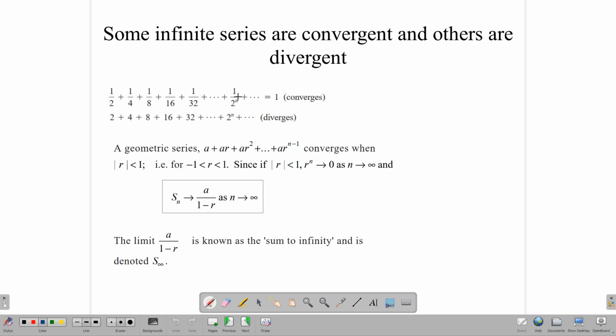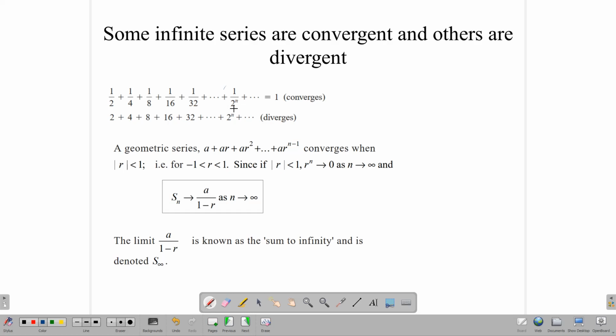If you look at this last term, 1 over 2 to the n, what happens as n gets really, really big? We say as n tends to infinity. What will happen is that 2 to the n gets really big: 2 to the 10, 2 to the 20, 2 to the 100, 2 to the million.